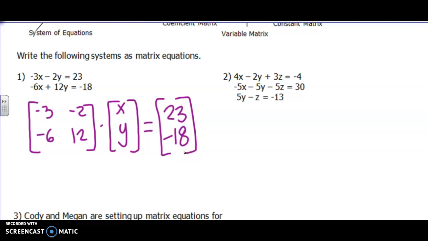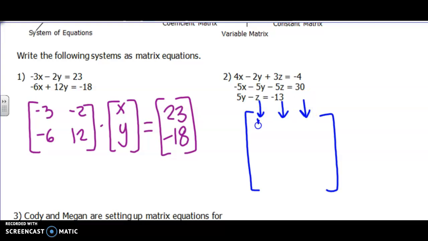So the beautiful thing for this is that we can set up and solve for more than just two variables. So in this case, you can see that you have x, y, and z. So when we set this one up, we're going to set all the way across. Since we have three variables, we need 3 rows, 3 equations. So we're going to basically have a column here for x numbers, and then this will be the column for y numbers, and this will be the column for z numbers.